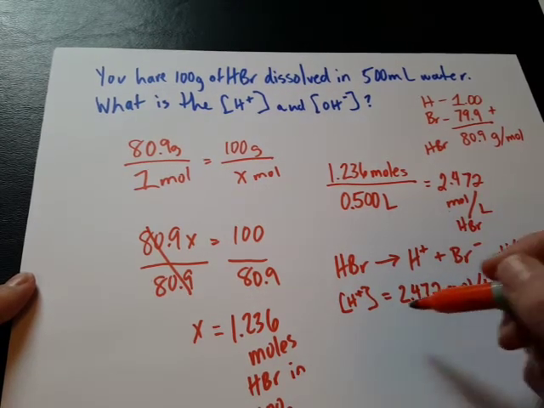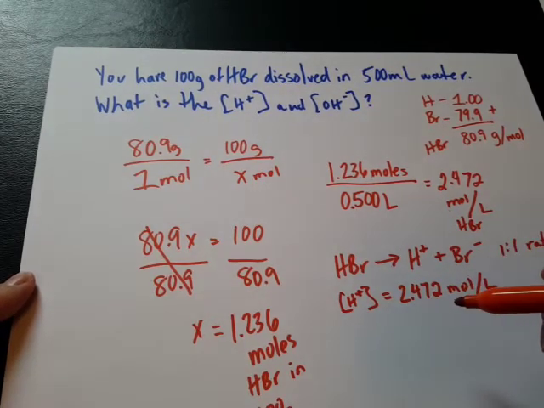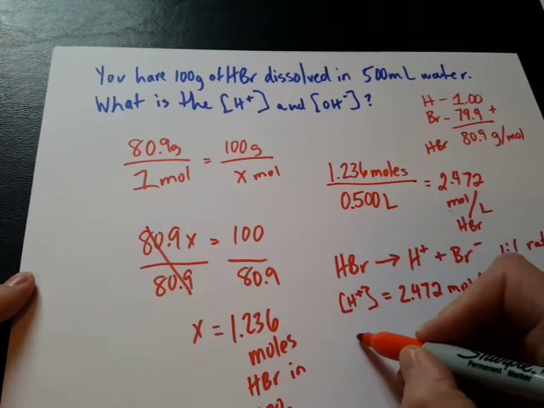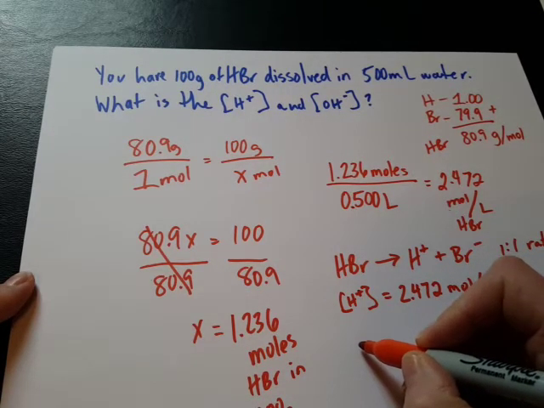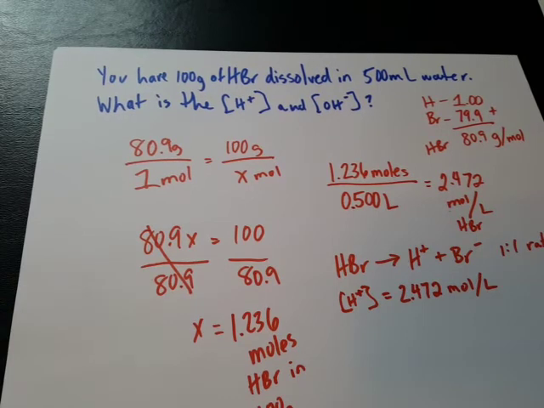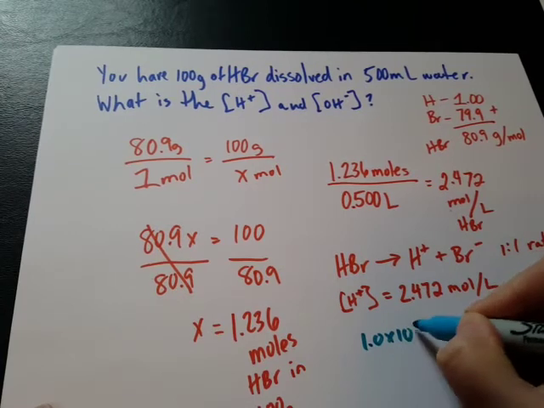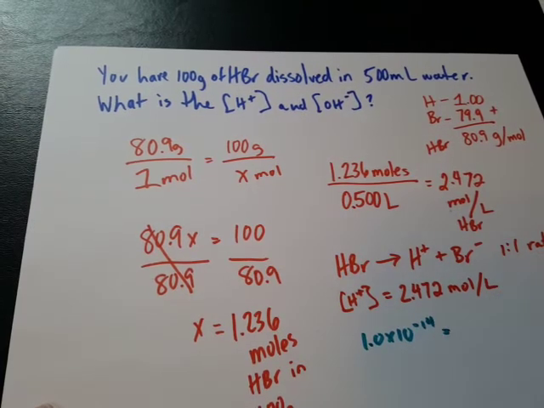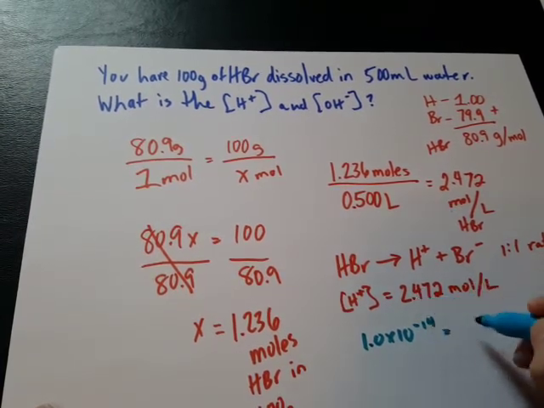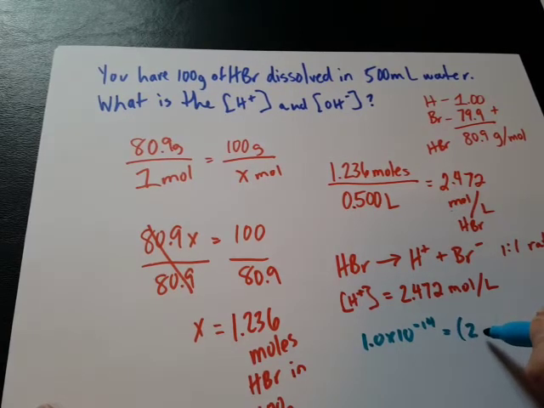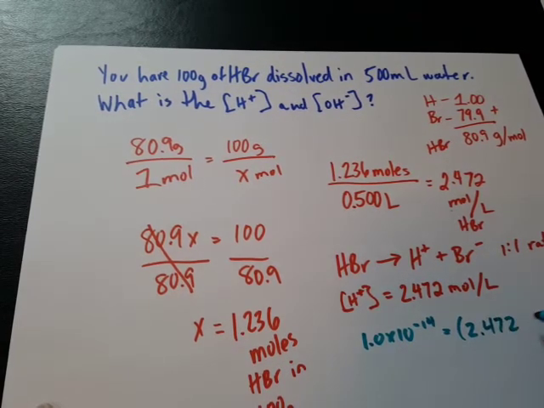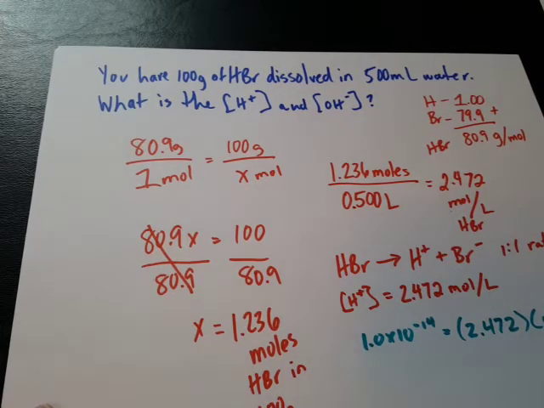Now we're going to figure out our OH value, which is going to come from our Kw. So 1.0 times 10 to the negative 14 is going to be equal to, we'll substitute this value for the H plus, and the concentration of the OH ions, what we're trying to solve for.